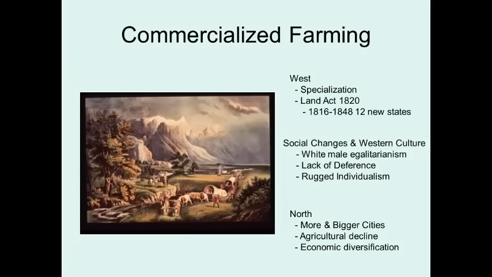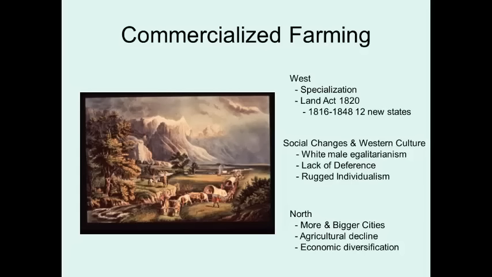Now, today, this is how we would take it, right, regardless of race, but they're not quite that evolved yet. And so note I'm being very specific here. White male egalitarianism. White men are equal. And they certainly wouldn't feel this way about a black man or a slave or even a woman. But for its time, this is very progressive because prior to this era, there's a certain degree of deference, right, that people have to pay to each other.